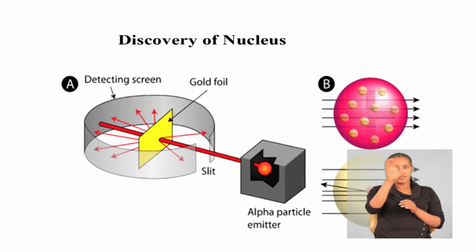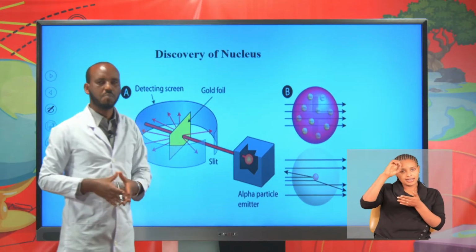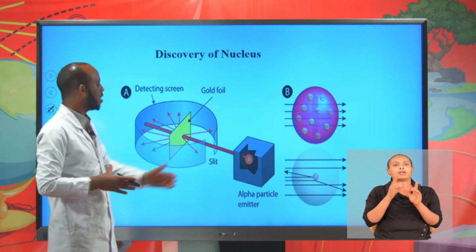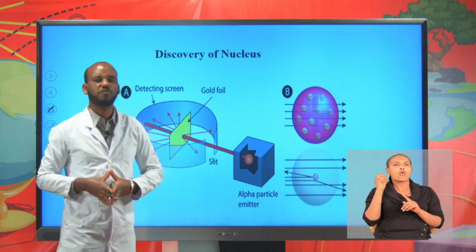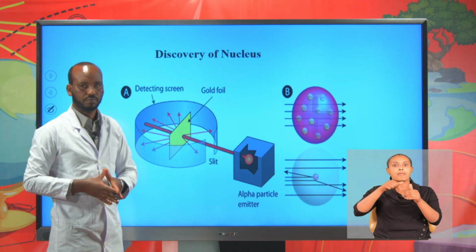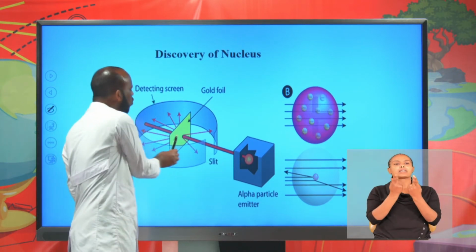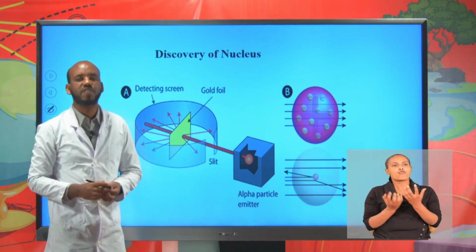Discovery of the nucleus. Ernest Rutherford bombarded a thin gold foil with fast-moving alpha particles. Most alpha particles pass through the gold foil undeflected.